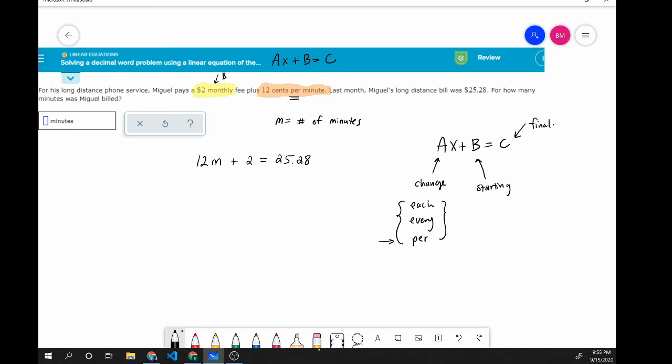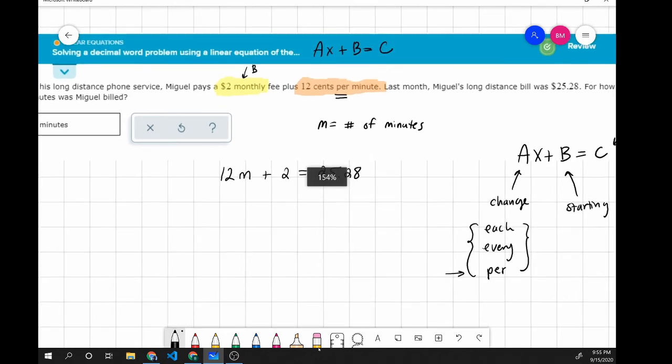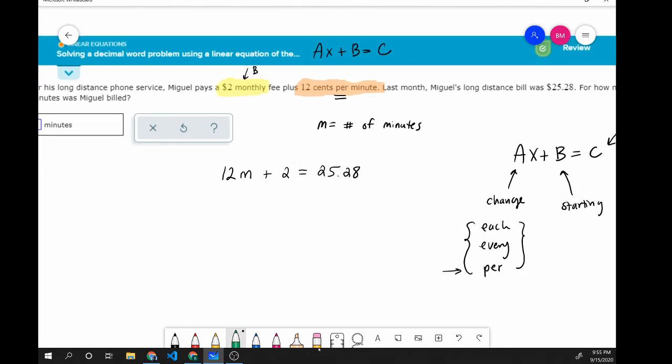Now there's a mistake with this problem right now. I've written it on purpose because everyone makes this mistake. And it's okay, you might eventually too. You might not. But hopefully watching this, you won't make this mistake. This 12 right here is incorrect. And the reason is because notice that 2 is in dollars. This is $2. If I were to leave it just 12, that means $12. We're not paying $12 per minute.